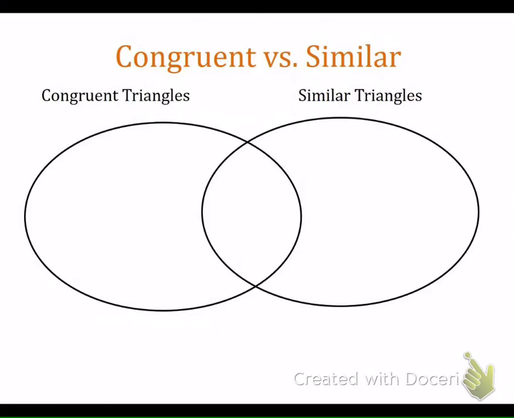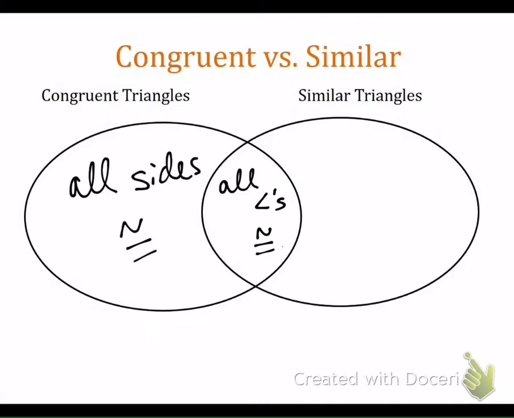So in this Venn diagram, I'm going to put all angles congruent in the overlapping part. All sides congruent is only for congruent triangles. In similar triangles, the sides are proportional.